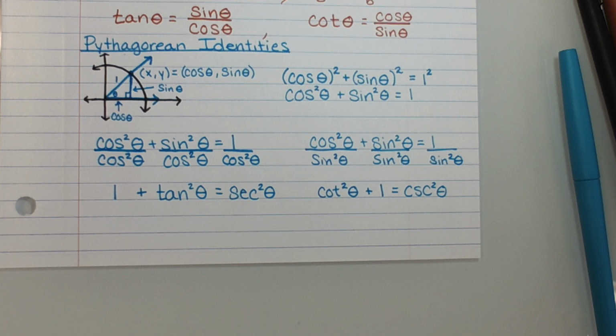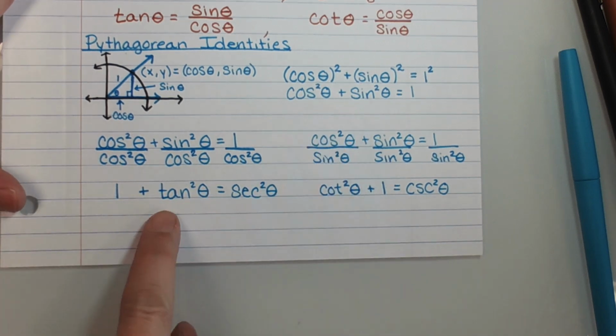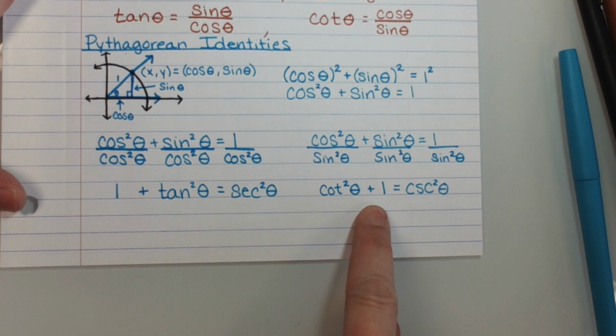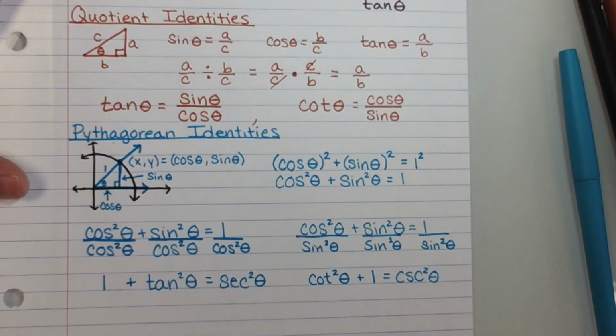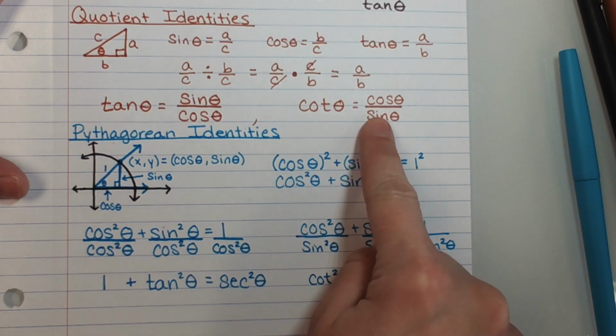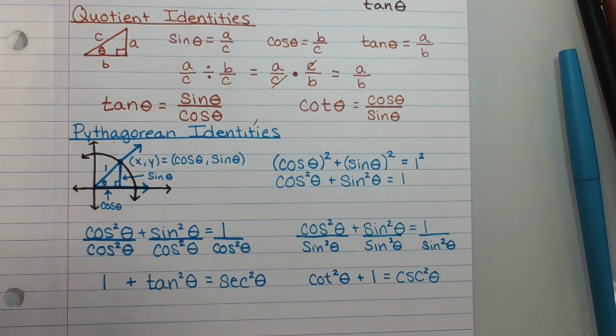Cosine squared plus sine squared equal to 1 gets used a lot in those higher order math classes. If you know that one, you can come up with these two by just recognizing how you get there. Tangent, we should know, is sine divided by cosine, but is it hard to get to cotangent, the reciprocal of that? Shouldn't be. And then the reciprocal identities are ones that we should know.